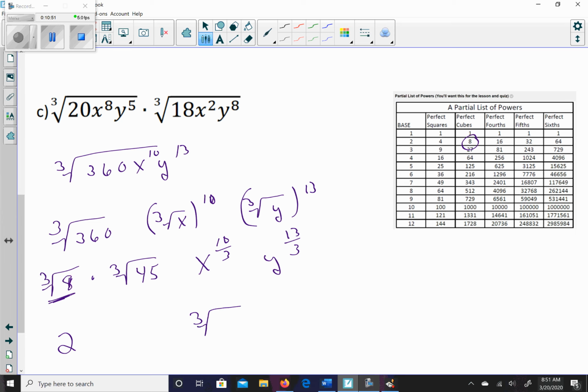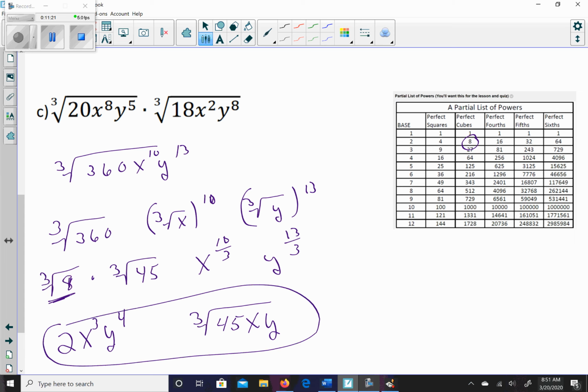So I have the cubed root of 45. 3 goes into 10 3 times, so this will be x to the third. That'll be 9, and I'll have 1 left over, so I put an x here. 3 goes into 13 4 times, so that would be y to the 4th, which is 12. 13 minus 12 is 1, so that's y. So this is my final answer. These are times each other. They're kind of written further apart, but that's what I get.